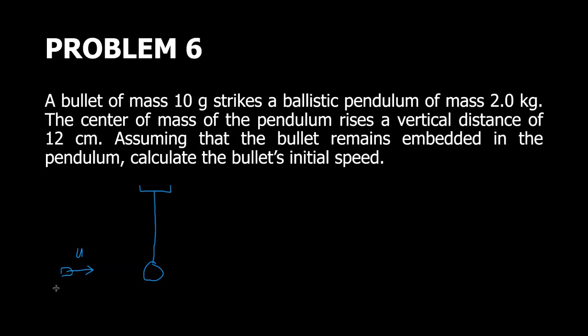It has a mass of m sub b. This one has a mass of m sub p. Once it embeds, that will be the next condition. This will move. So this is the initial condition. This is the pendulum, and this is the bullet embedded. It has an initial velocity that we will call v.